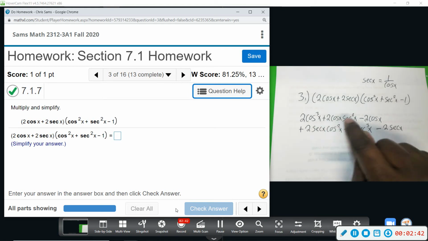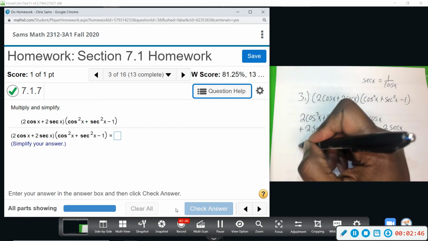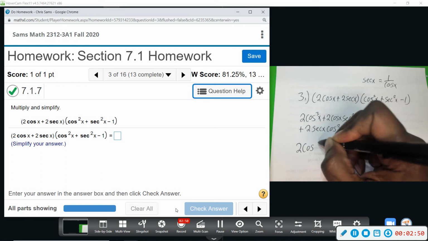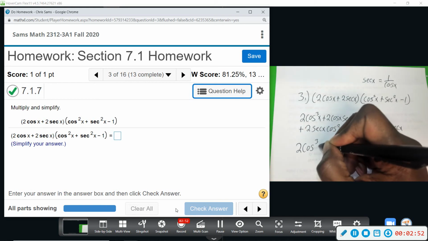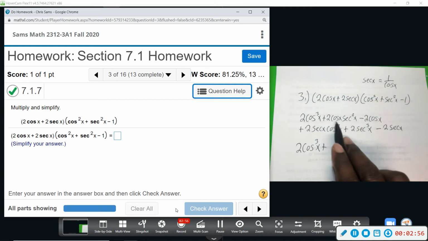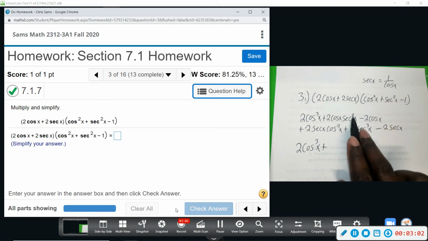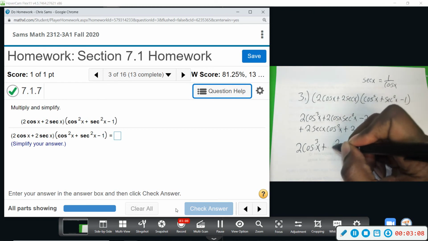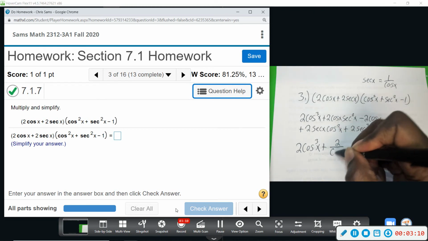All right, so the first expression, 2 cosine cubed x plus, now this is cosine, and then we're going to have 2 cosines on the bottom like this. One of them is going to divide out. So this whole expression simplifies to 2 cosine x.